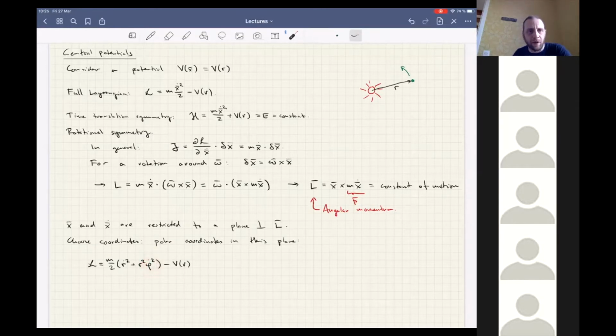It's not explicitly dependent on phi, which means that we have a constant of motion, which is exactly the same as the absolute value of this vector. So that is going to be L, m r squared phi dot, in these coordinates.